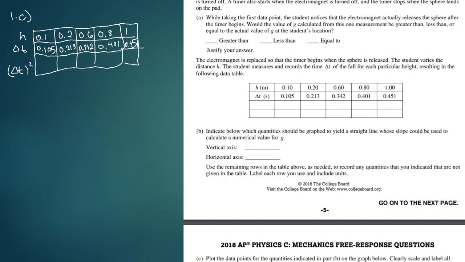So this first one is going to be 0.011. Second one is going to be 0.045. Third one is going to be 0.117.